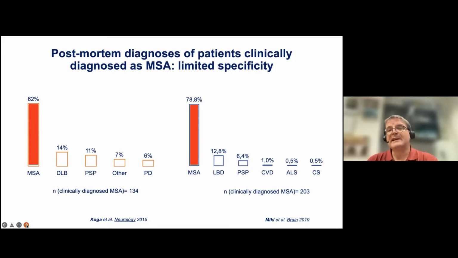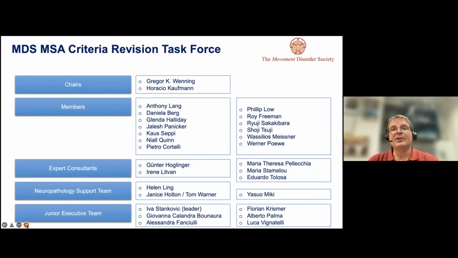So these were the reasons why people at the Movement Disorder Society decided to convene a criteria revision task force. This was 4 years ago, and I had the honor to chair this task force together with Horacio Kaufmann. In total, there were about 40 people involved in this effort.